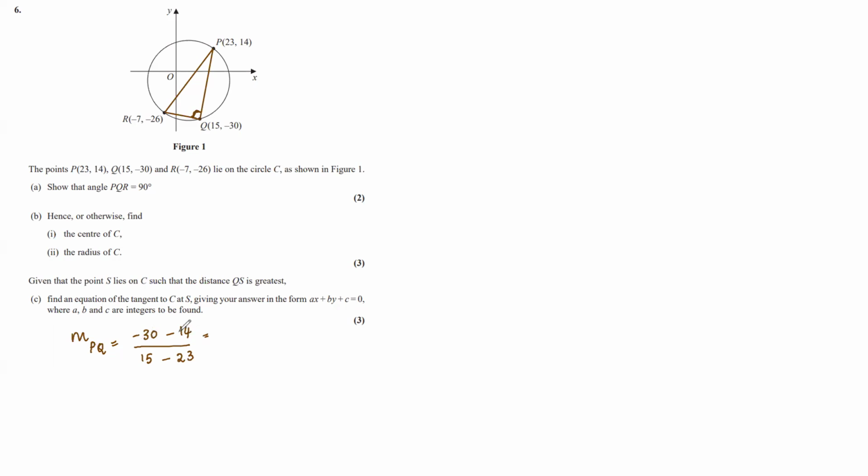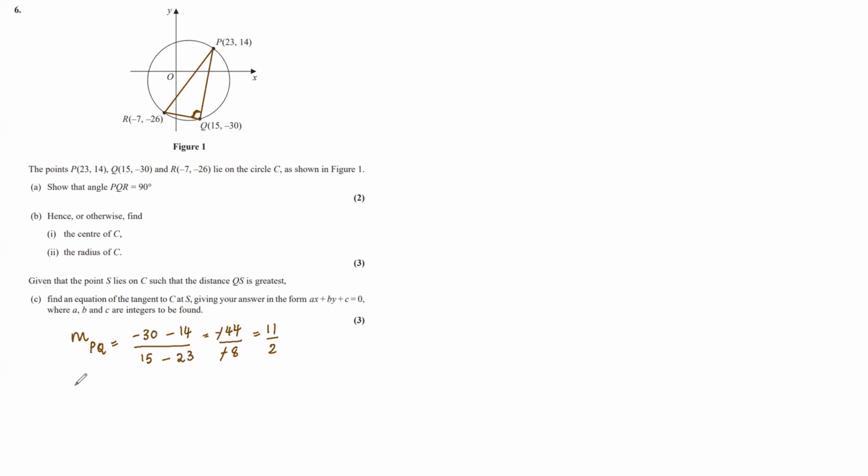This will give us -30 minus 14 is -44, divided by 15 minus 23, that is -8. Minus and minus get cancelled. 44 and 8 are in the 4 times table. 44 divided by 4 is 11. 8 divided by 4 is 2. So we got the gradient for PQ.